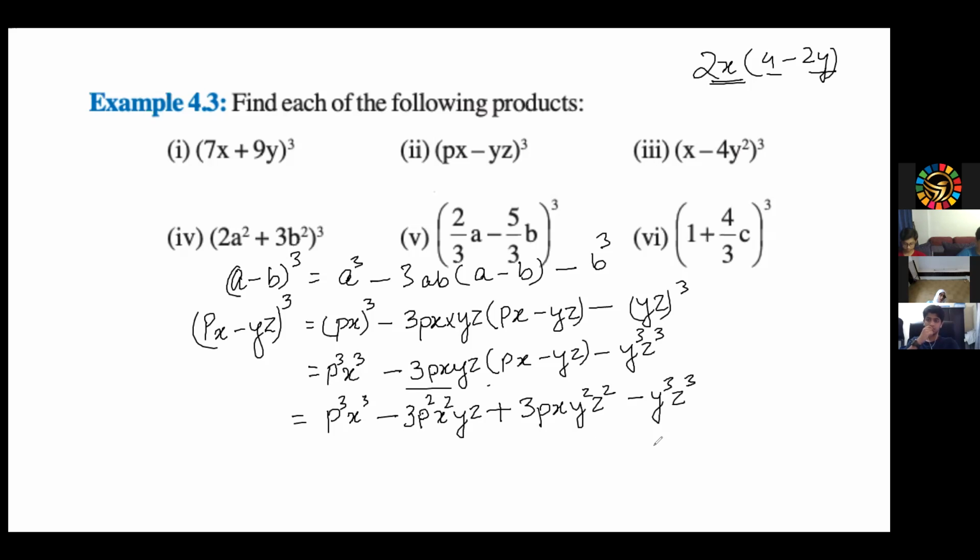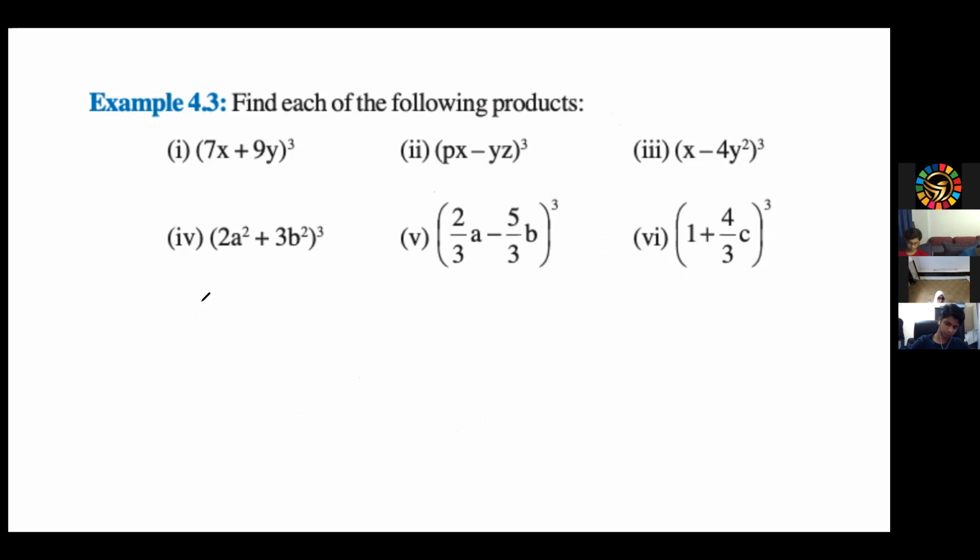This is the answer. You got the same answer? Yes. Okay, do the next question now. X minus 4y square whole cube. So which formula? Again, this formula only you'll use. Again, write, always remember to write the identity, because if you write so many times, then automatically you will remember it and you will learn it also.